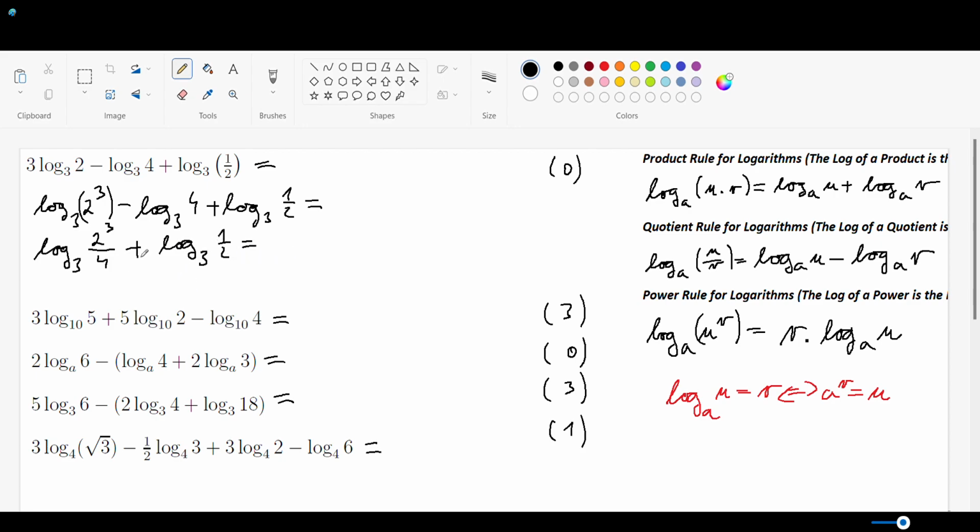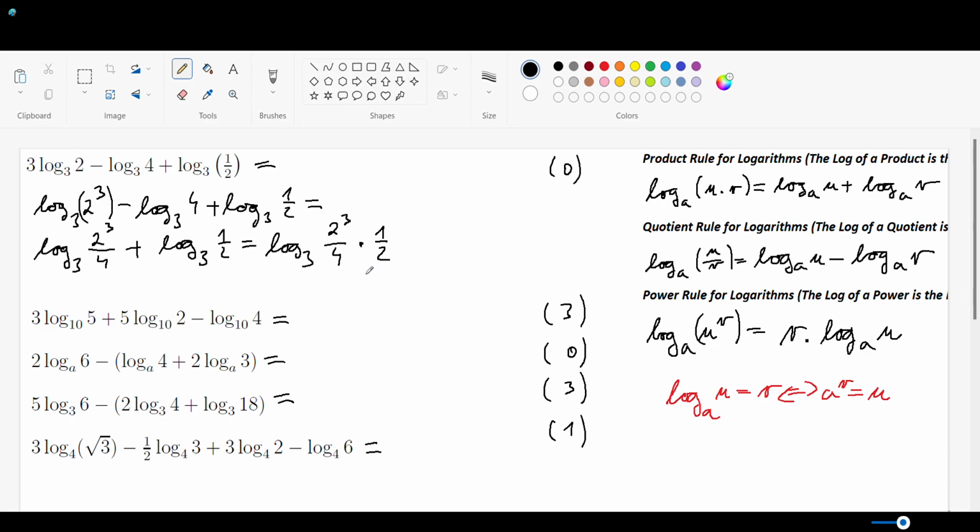Now we apply the first rule, which is the product rule, and it would then be the logarithm base 3 of 2 to the power of 3 over 4 times 1 over 2.